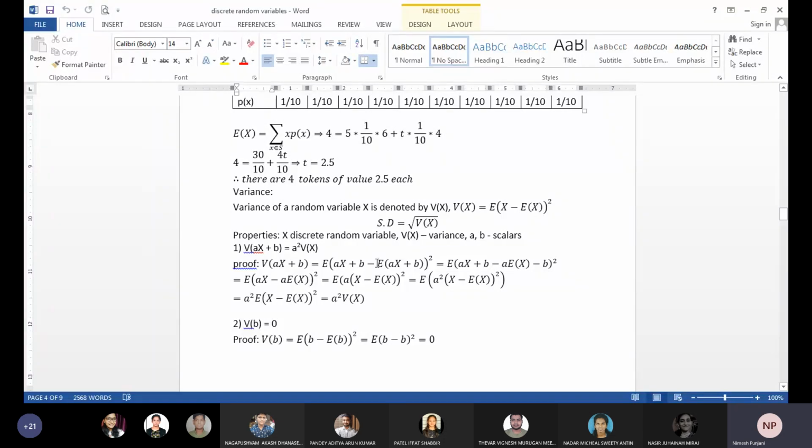Then the properties of the variance. Variance of ax plus b is a square into variance of x. Again, a and b are constants. Variance of b is 0.